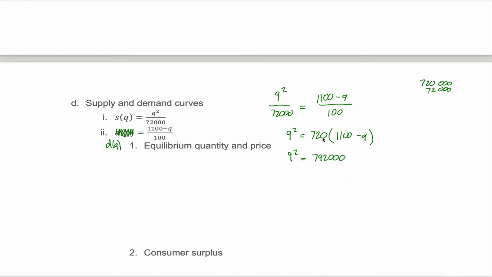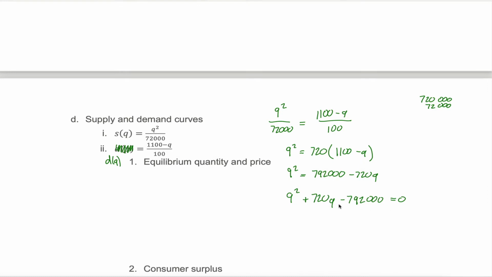Not only do I have to multiply the 720 and the 1100, I have to multiply the 720 and the negative Q to get negative 720Q. To solve this equation, maybe I add everything to one side to get Q squared plus 720Q minus 792,000, and that's all equal to 0.